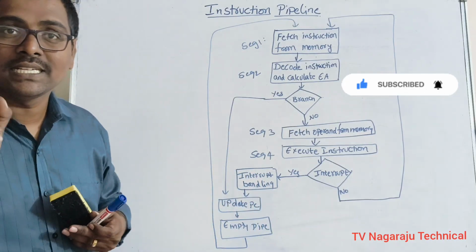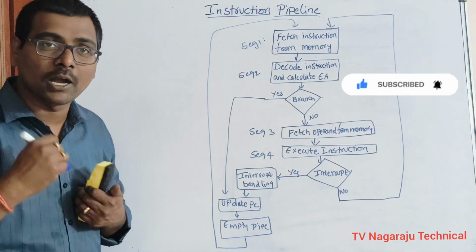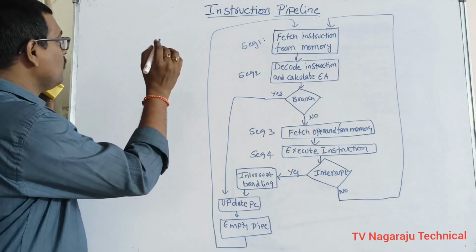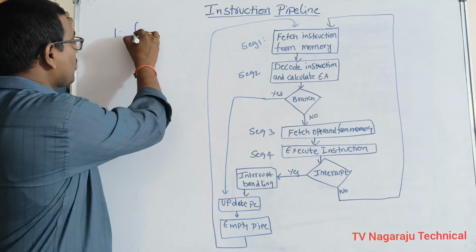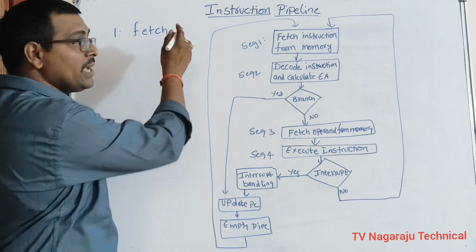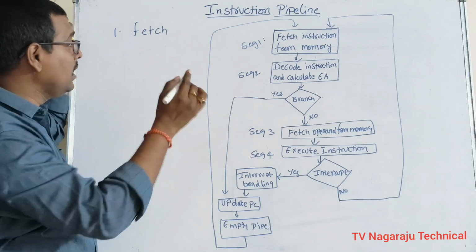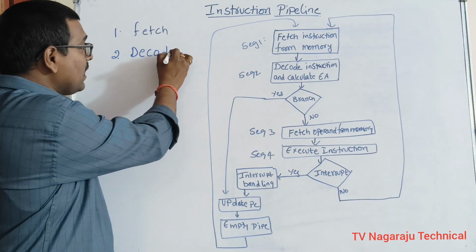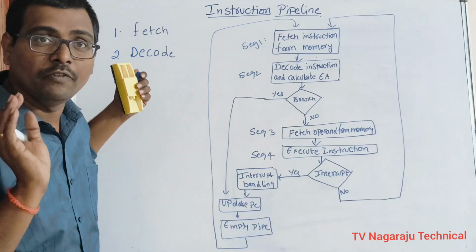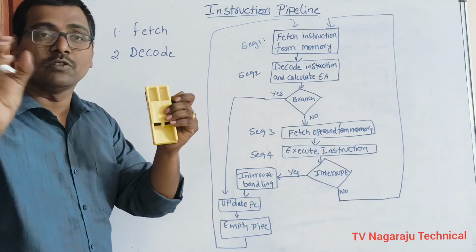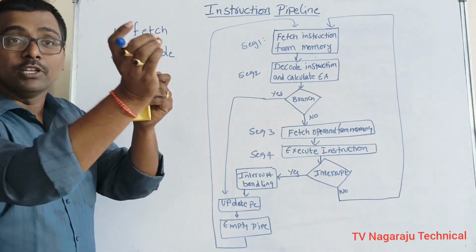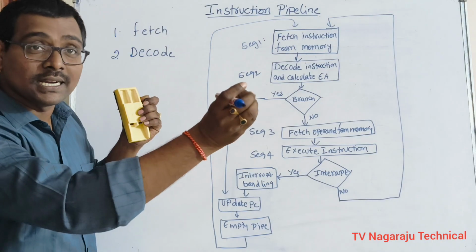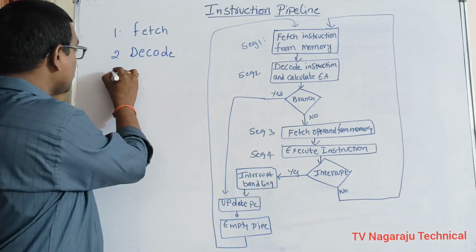Generally, to process any instruction, the computer needs to follow 6 steps. The first one is fetch an instruction from the memory. After fetching the instruction, decode the instruction. You know the meaning of decoding: the bits are separated into address bits and data bits, and we determine what type of addressing mode we are using.